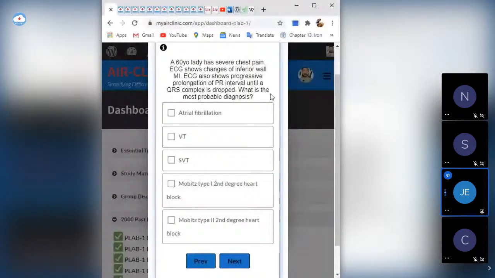ECG also shows progressive prolongation of PR interval, then the QRS complex is dropped. Why are they making this so cheap for these people? It's so cheap. It gives you the same question. What is the most probable diagnosis? It's a repeated question. Do you want to attempt it or do you want to answer? I should just skip it.